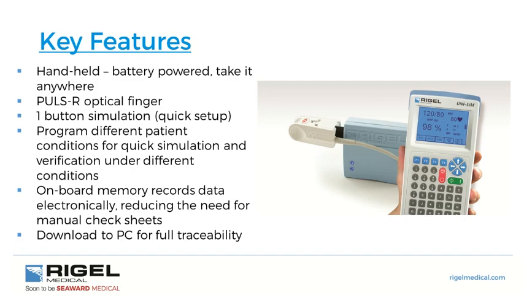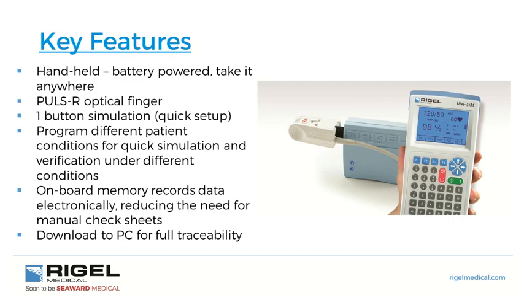It has a Pulsar optical finger, meaning that you don't need various different technology types. The curves can be loaded into the UniSim, meaning that multiple monitors can be simulated using the same solution. We have one button simulation, very straightforward to set up. You can program various different patient conditions.